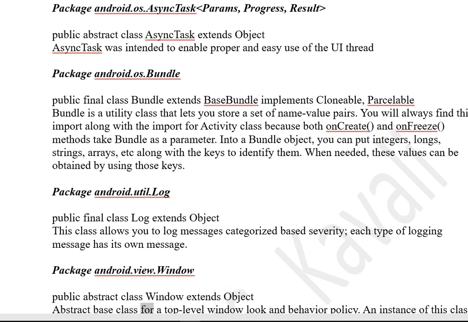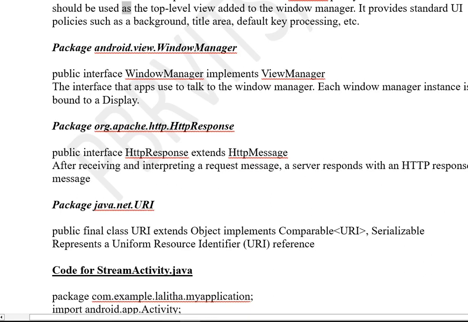Abstract base class for a top-level window look and behavior policy. An instance of this class should be used as the top-level view added to the window manager. It provides standard UI policies such as the background, title area, default key processing, etc.